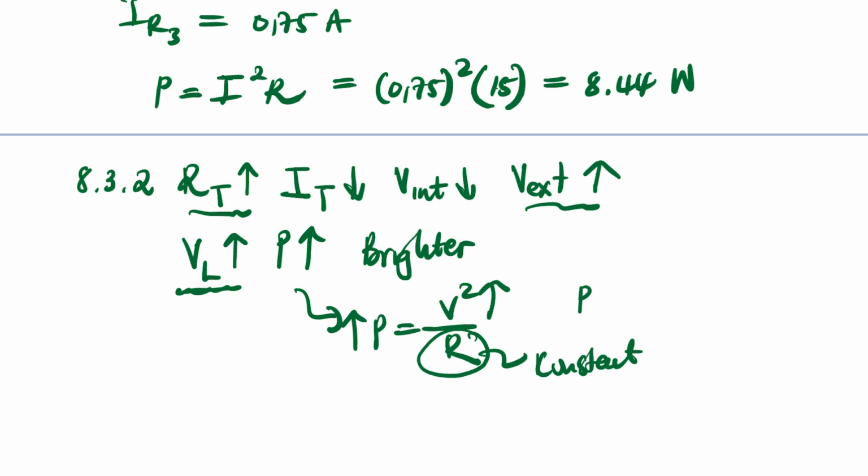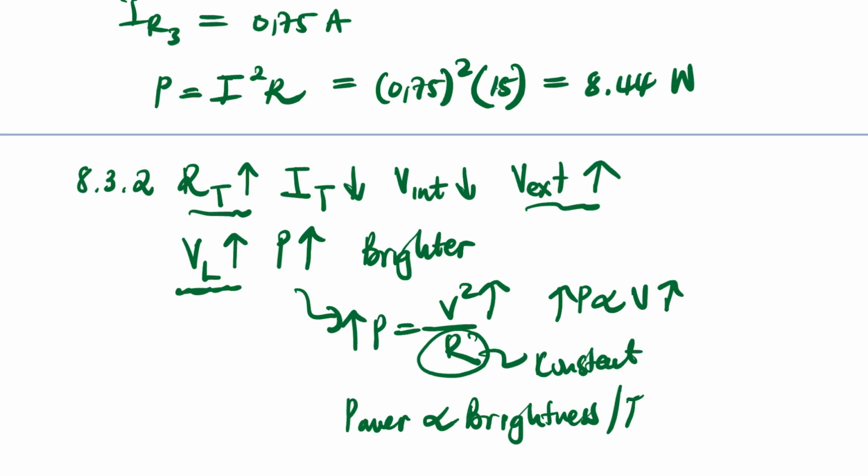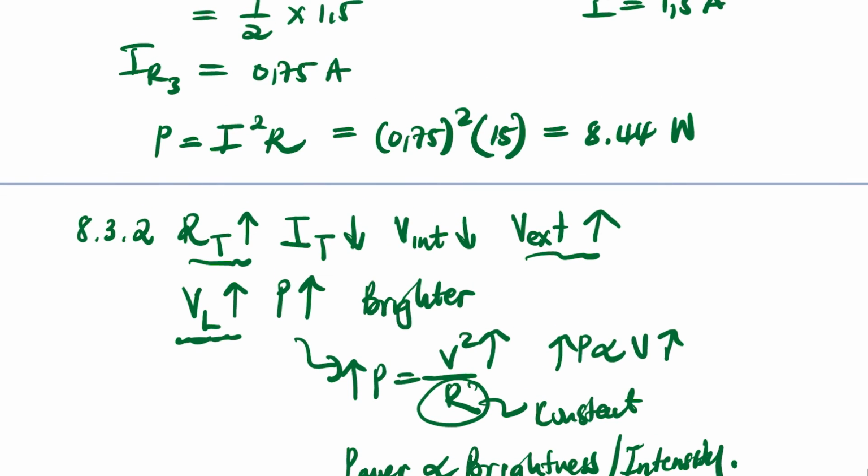So the power and the voltage are directly proportional. Since the voltage is increasing, the power will increase, and the power is directly proportional to brightness or intensity. Right? I hope I make sense by that. Cheers, bye.